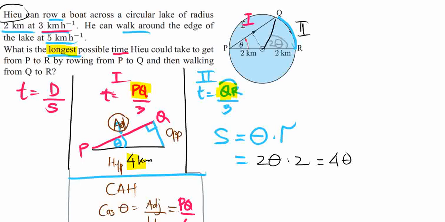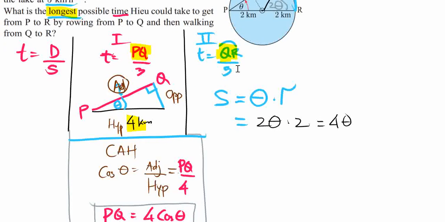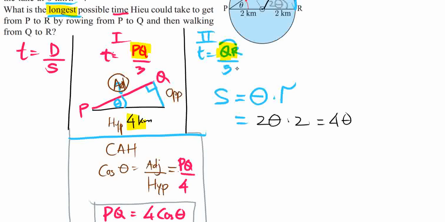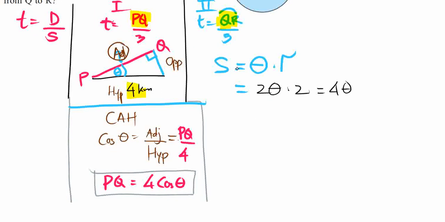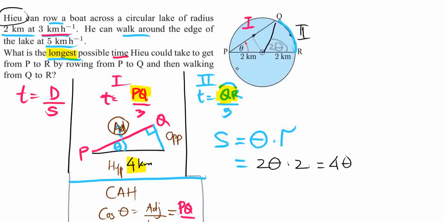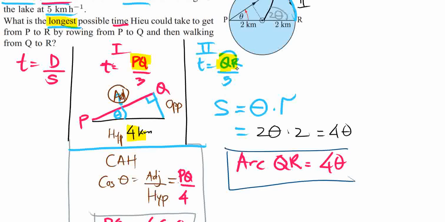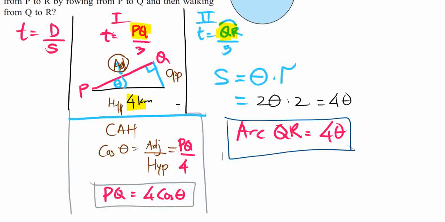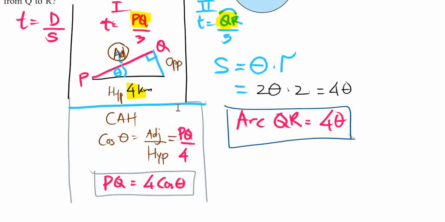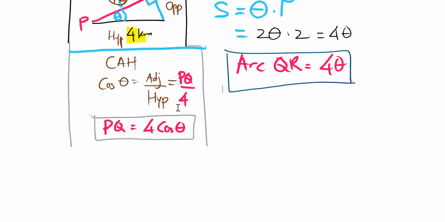So arc QR equals 4 theta. So we keep this equation as the second part. Now we just combine them to get the total distance.